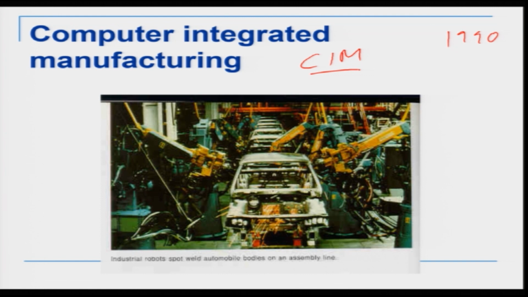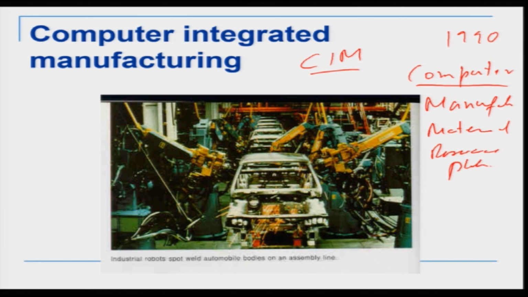This is essentially the computer controlling all other functions, not only manufacturing, but also materials resource planning, scheduling, inspection, etc. So as the computer has become so powerful by the 1990s, it is able to control several of the industrial applications such as manufacturing, materials resource planning, scheduling, inspection, etc.